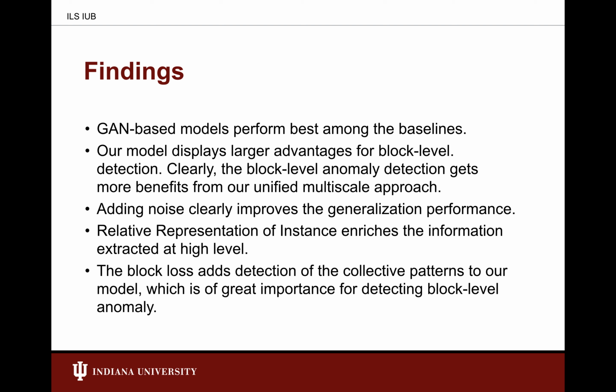Third, adding noise clearly improves the generation performance. And fourth, the relative representation of instance enriches the information extracted at high level. The final finding is that the block loss adds detection of the collective patterns to our model, which is of great importance for detecting block-level anomaly.